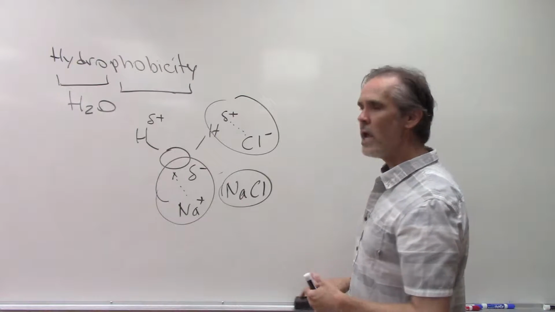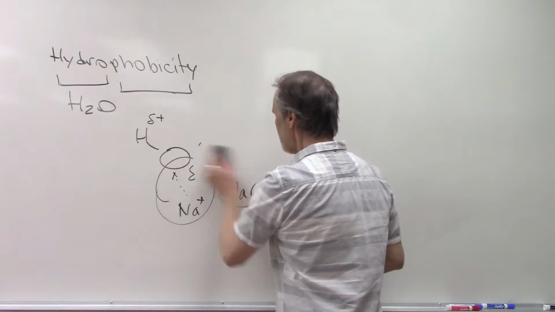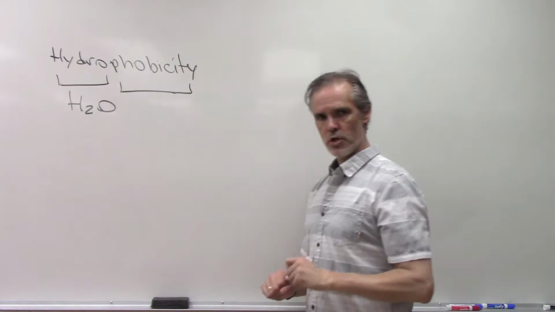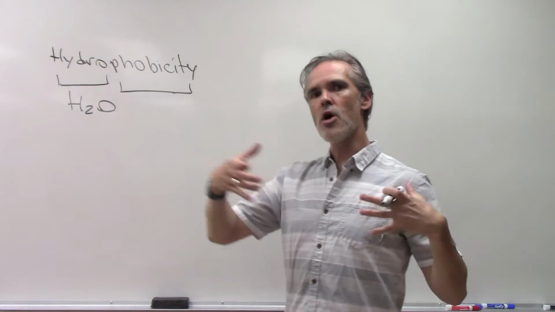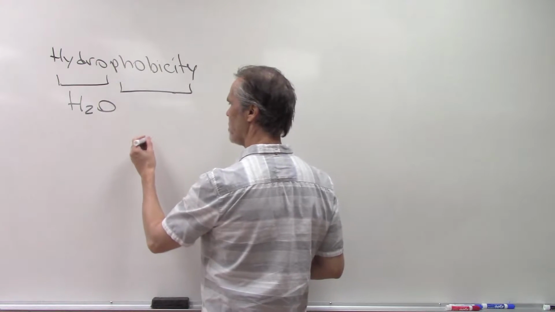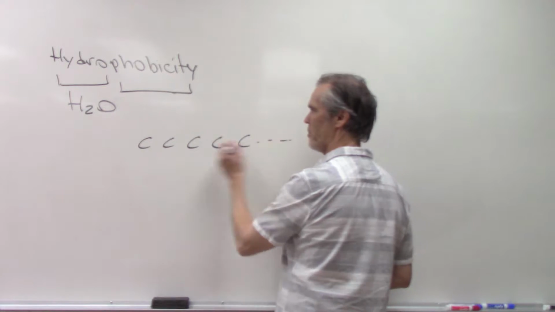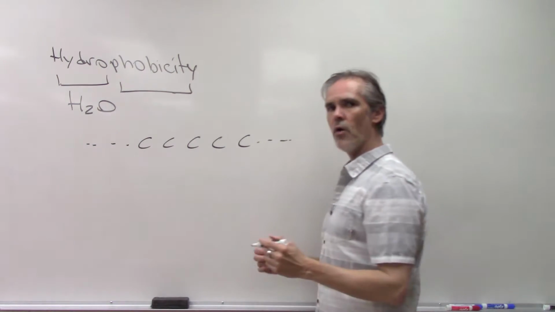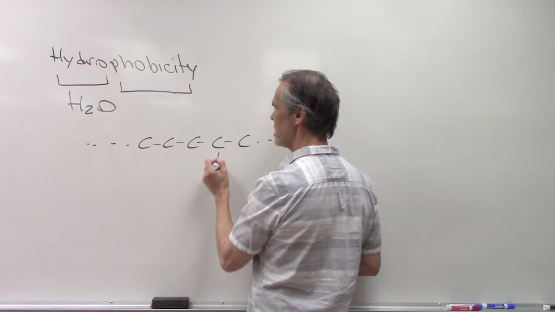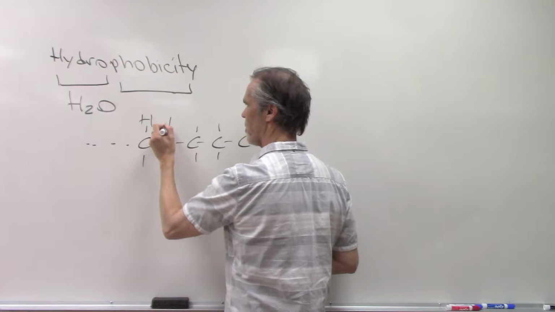Now, when we're looking at lipids, lipids will have this structure that are long chains of carbon. So what we have is carbon, carbon, carbon, carbon, carbon, etc. And we know that these carbons have the possibility to form 4 bonds.